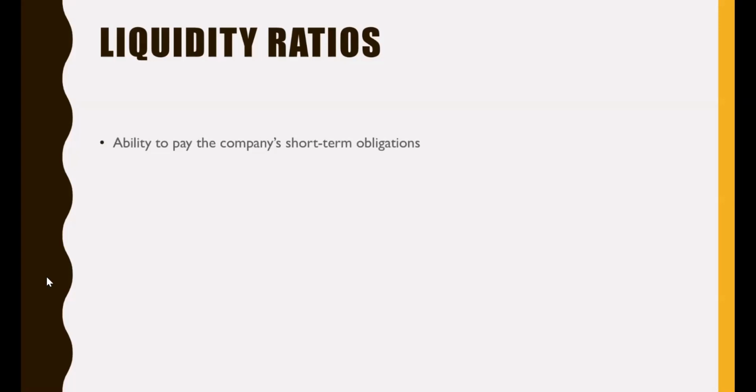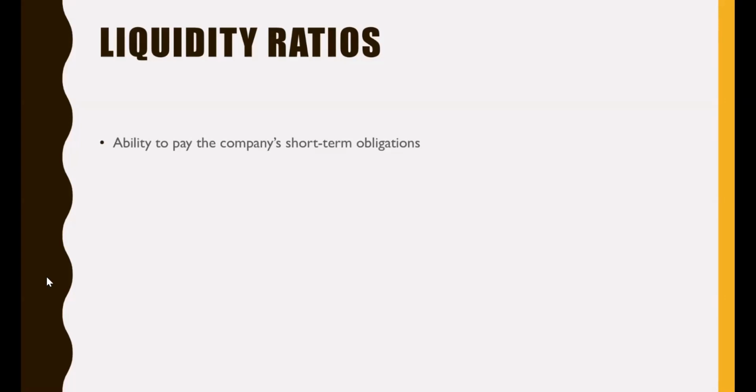Of course, we are going to pay in cash. So how do we get cash? That is by converting our assets into cash if they are not yet cash. So when we say the company is liquid, the company can easily convert its assets into cash.